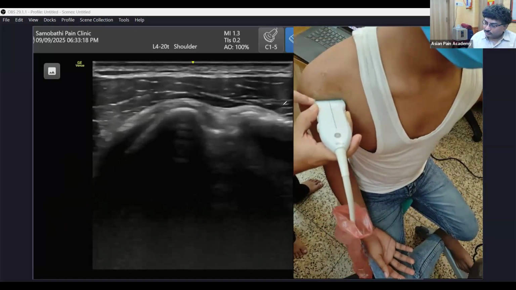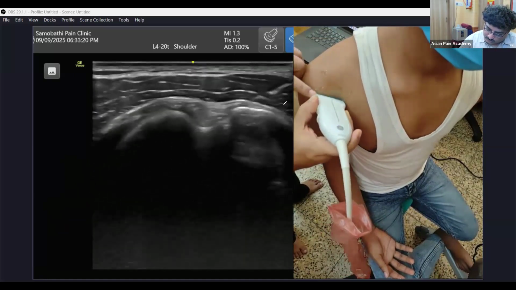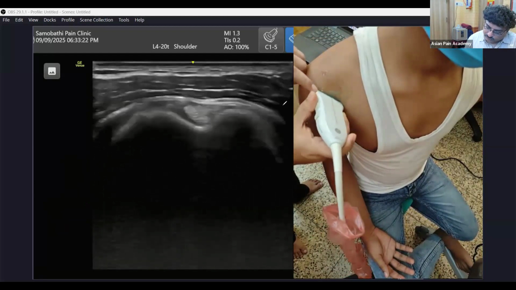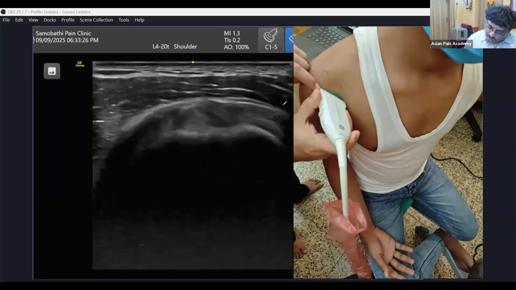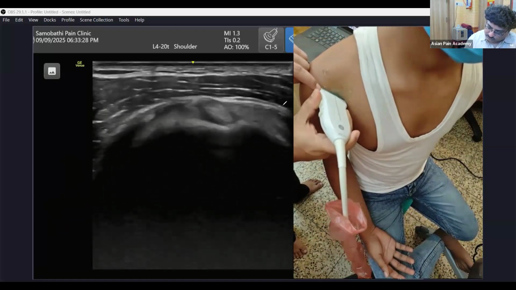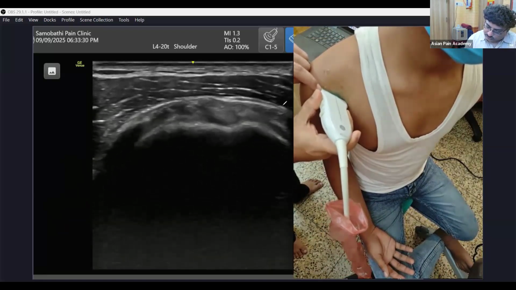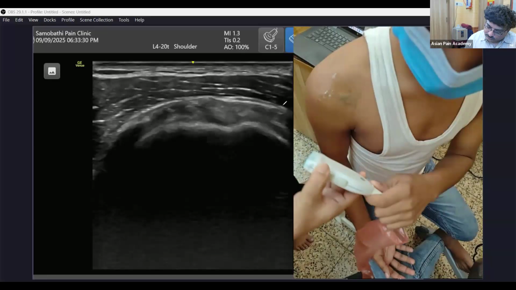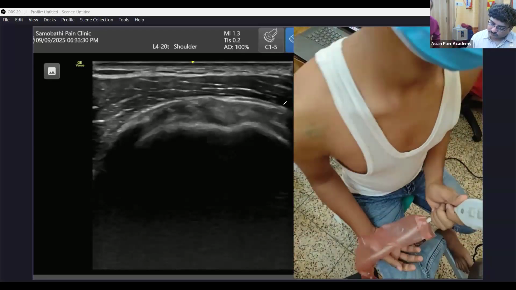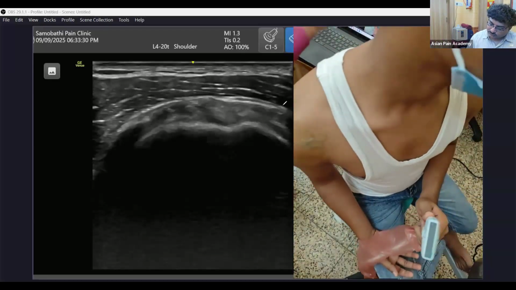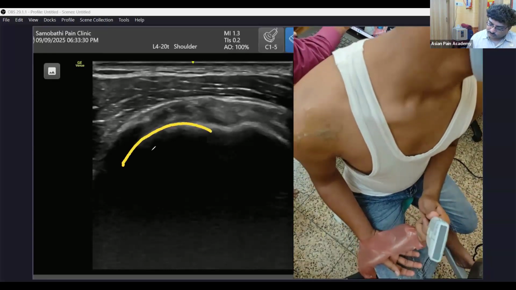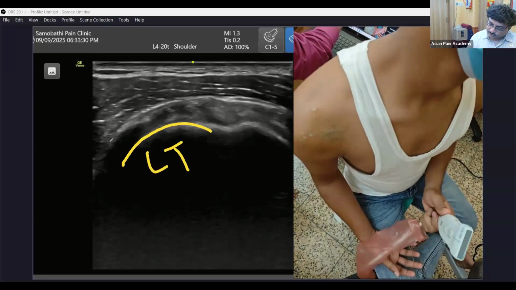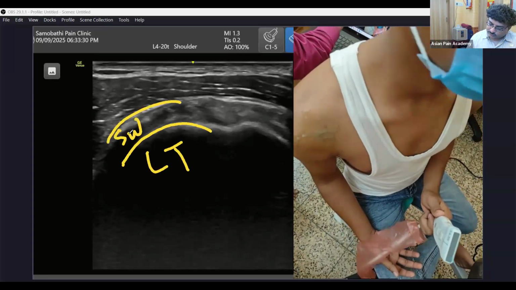Now, on this lateral side, I will just do like this, in an angulated manner. This is the second step. Okay, so freeze, just freeze. So what does this second step show? Again, the lesser tuberosity and subscap.